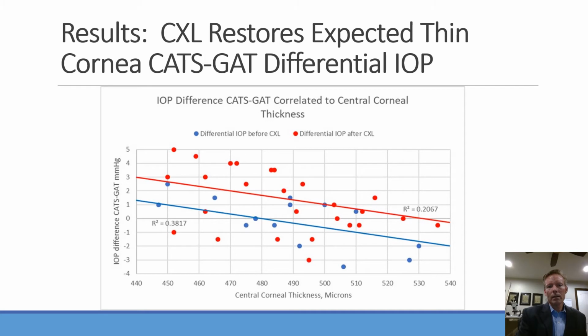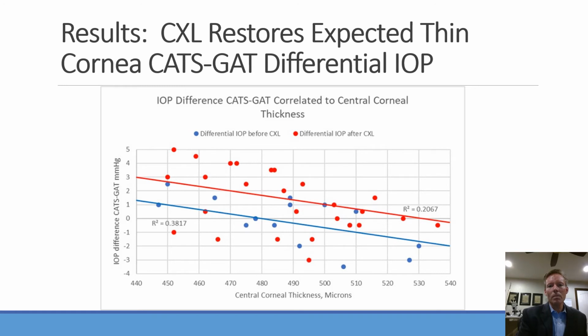The blue line shows a negligible difference on average between CATS and GAT IOP, even though the average central corneal thickness is 483 microns. In similar undiseased or normal thin corneas, the CATS IOP has been shown to be 3 to 4 millimeters of mercury higher than the GAT IOP.